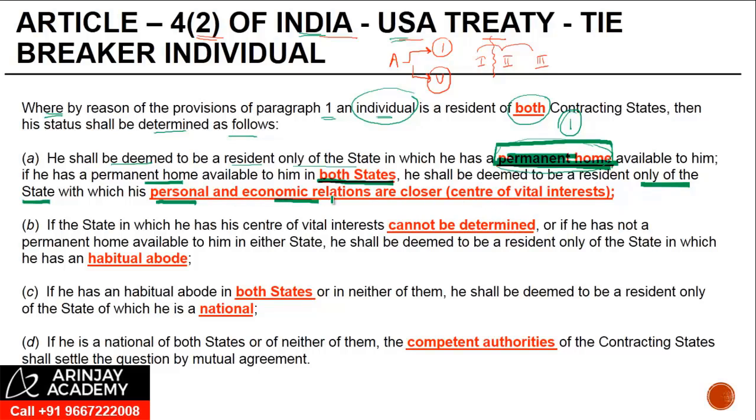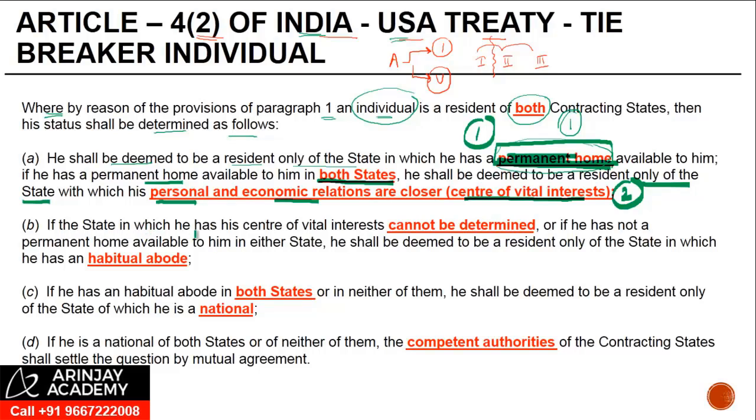This personal and economic relation being closer is also known as the center of vital interest. So if a person has a permanent home available to him, that's criterion number 1. But if it is available in both states, then center of vital interest is criterion number 2.